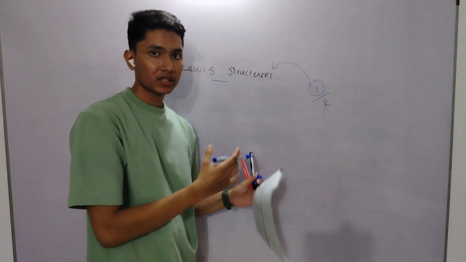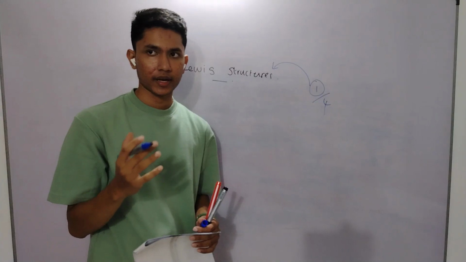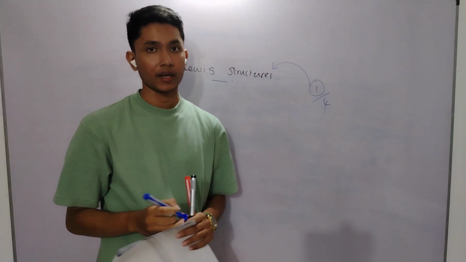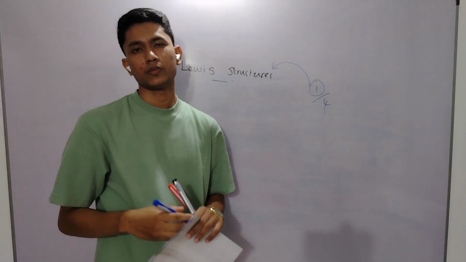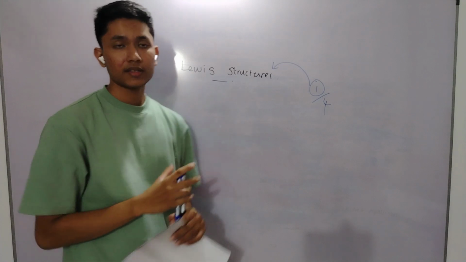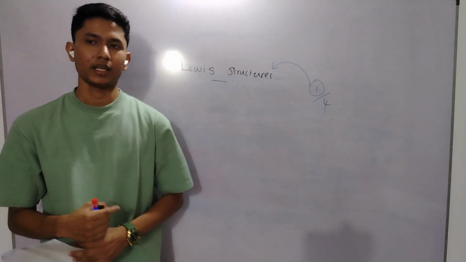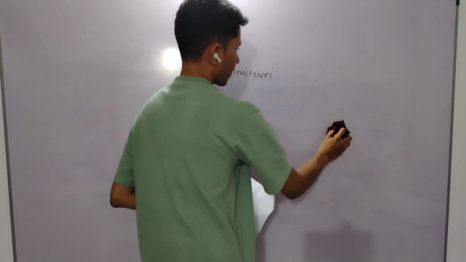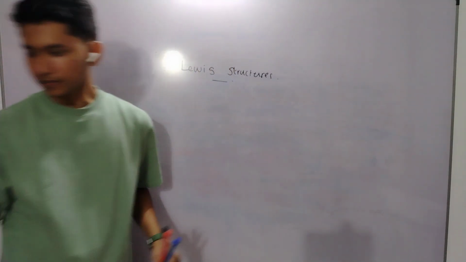So if you pay attention to this video and try to grasp what I explain, you can answer any questions that will be asked in your paper. Then let's start.